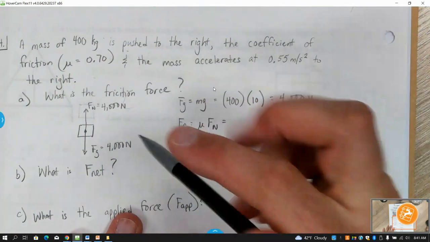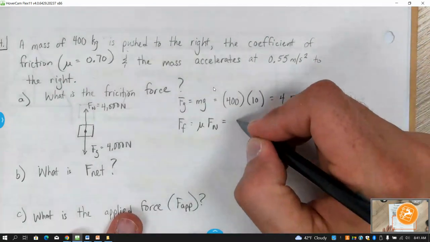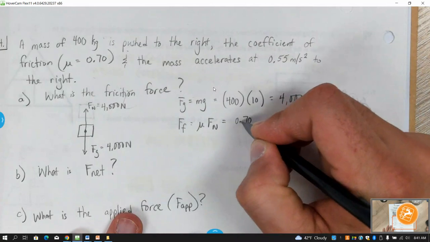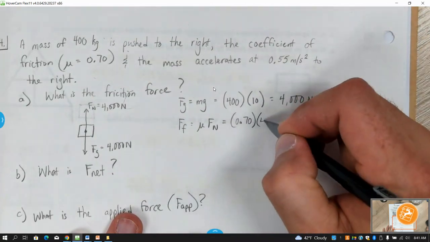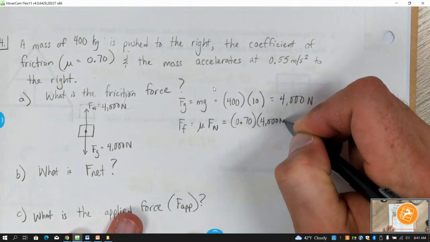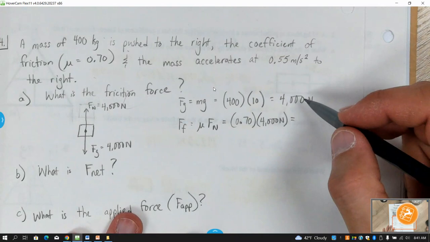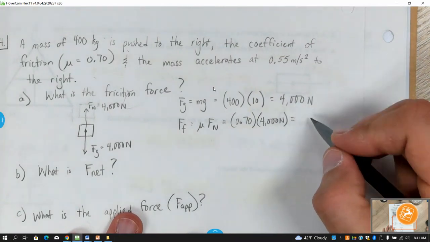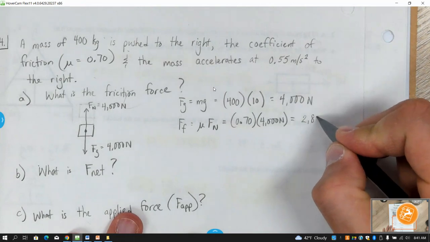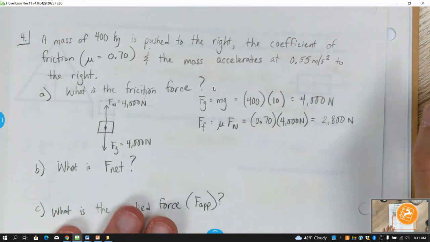The coefficient is 0.70, and my normal force is 4,000. And this should come out to be 2,800 newtons.